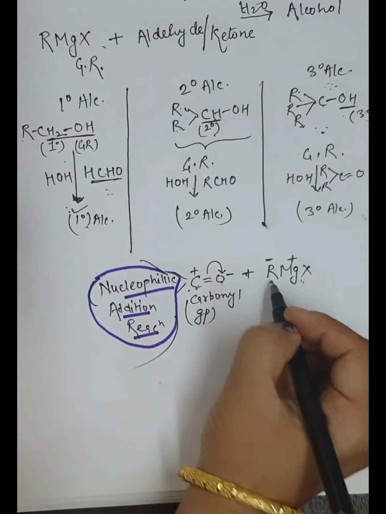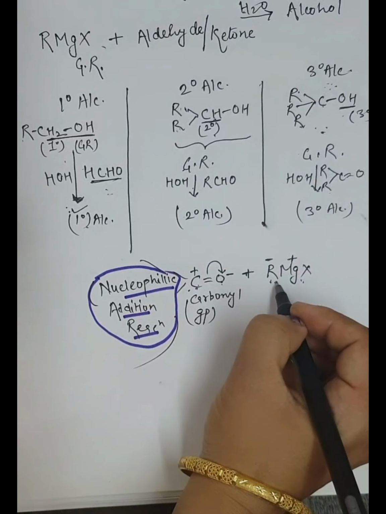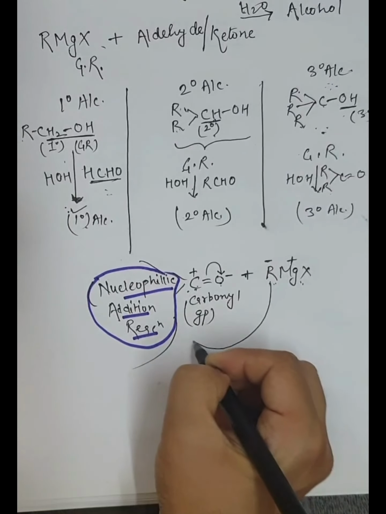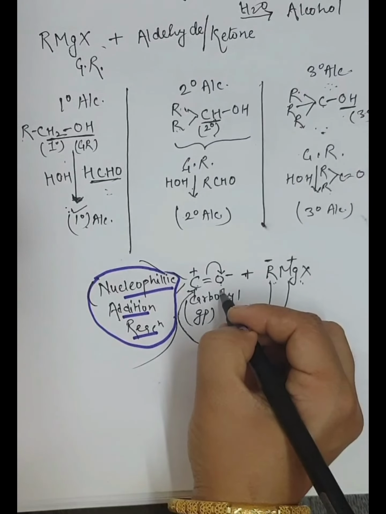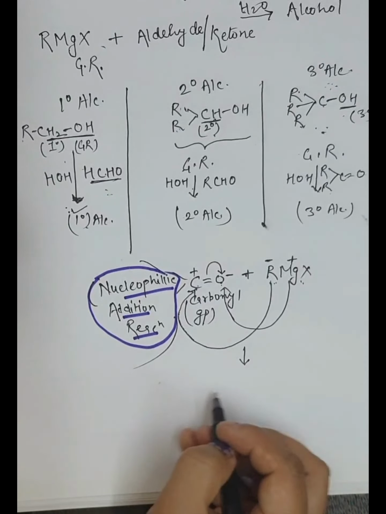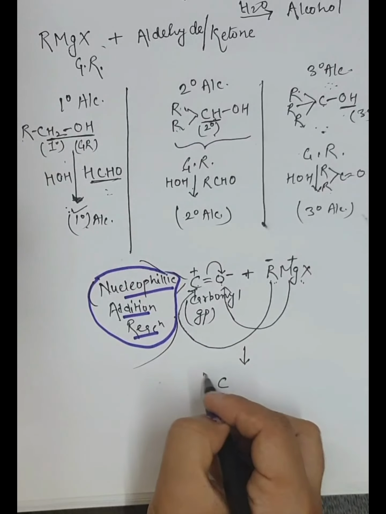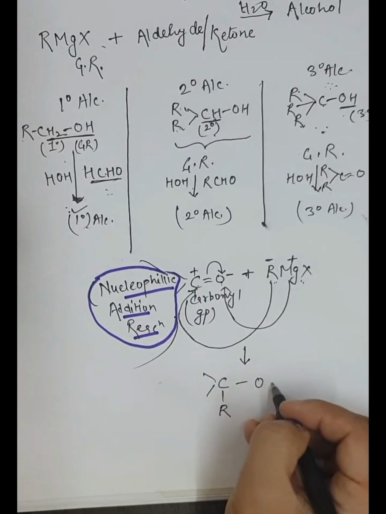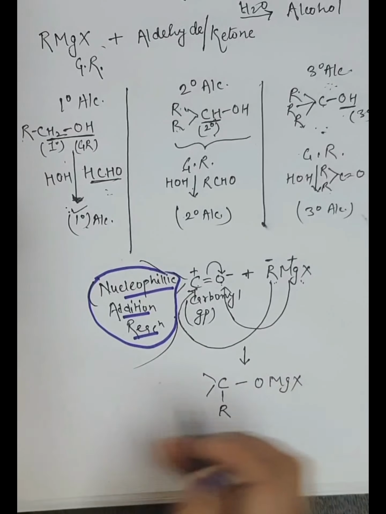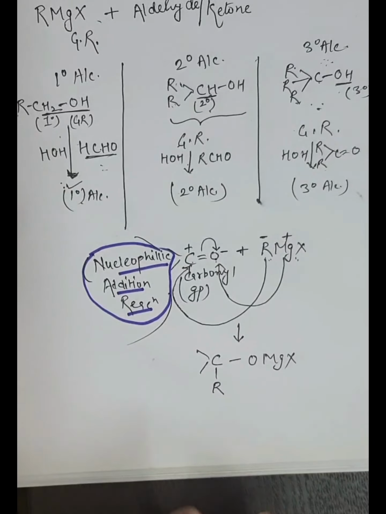Nucleophile is R negative. Nucleus seeking groups are the nucleophiles. So R negative will attack the carbon and Mg positive will attack the oxygen. So a species is formed like this: CROMgX. Okay, this is intermediate state.